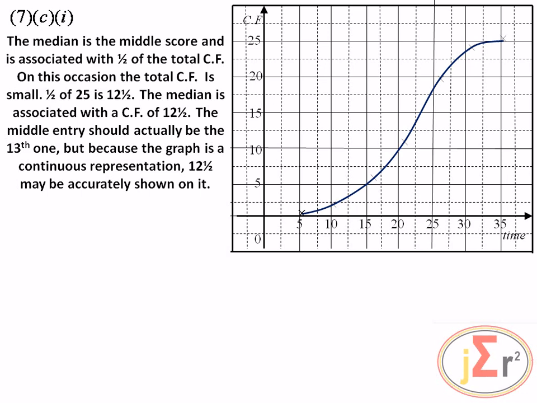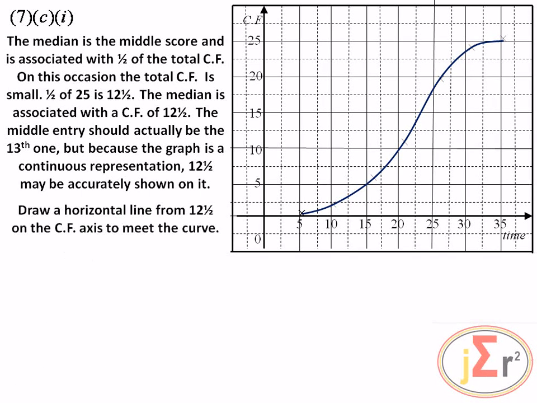If we had a discrete one, like some single items placed on the ground, then we could just identify the middle one, say the 13th in this particular case, or the 50th entry. However, we are dealing with continuous data, and the continuity in this curve will cause a cumulative frequency of 12.5 not to be an impossible value. So let us make use of that 12.5.